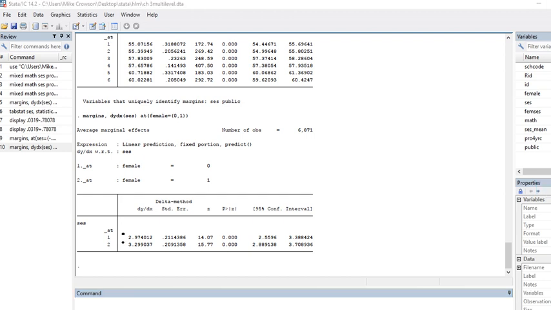So for males, the relationship is 2.97. That's the regression coefficient. It was significant. For females, again, a positive coefficient, significant. But you do see that the relationship between SES and math achievement seems to be a little bit more pronounced among the females.